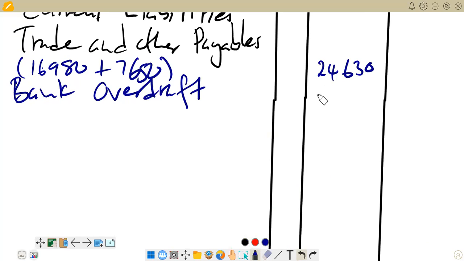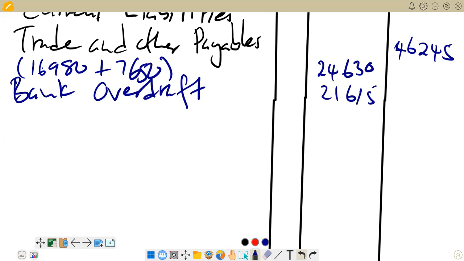Then we add the two, 24,630 plus 21,615, to get the total for current liabilities. If you add there, you are supposed to get 46,245.